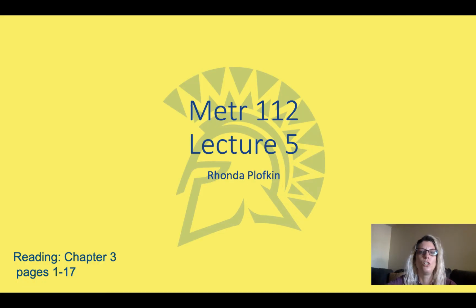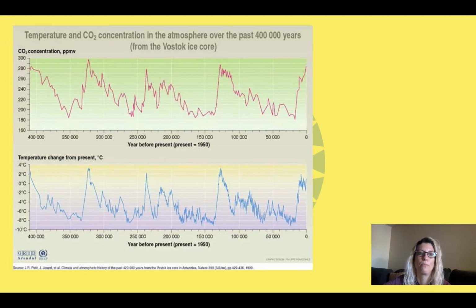So this week's lecture is going to be over natural forcing factors. There's a number of things that will naturally change our climate, and that's what we're going to be going over today. So first of all, you can see by this graph here, I think we went over this once before, but we have CO2 concentration in parts per million here on the top and temperature here on the bottom with time on the x-axis here.